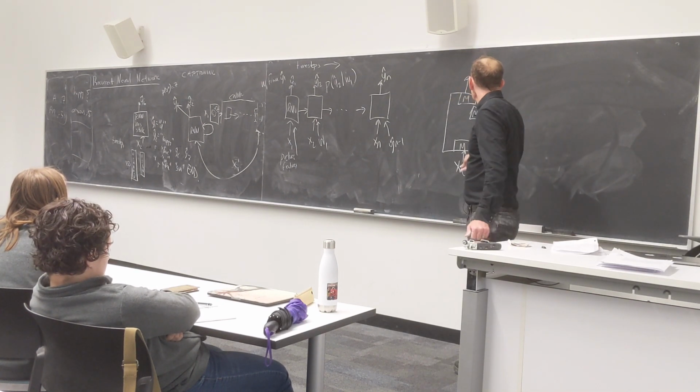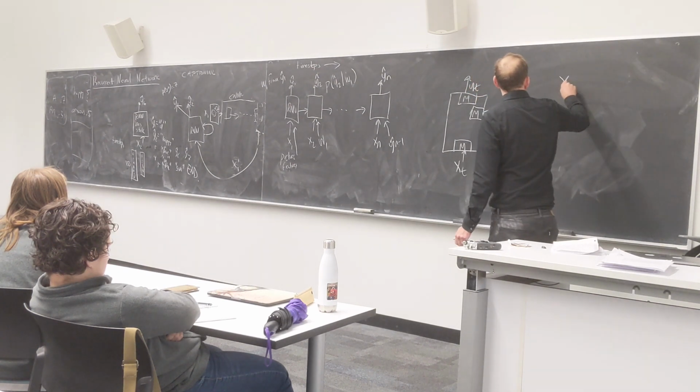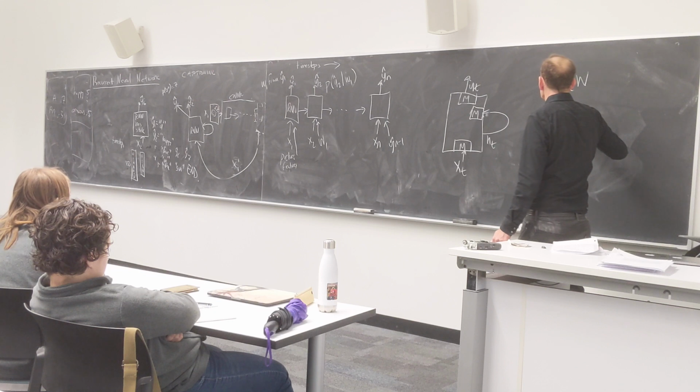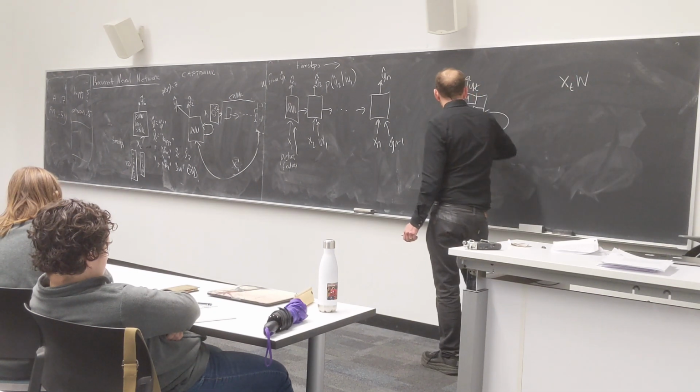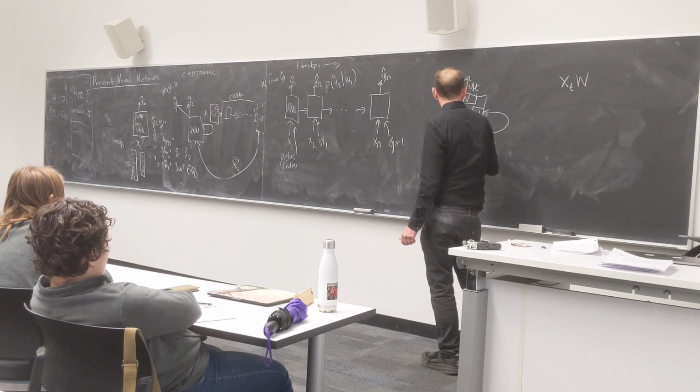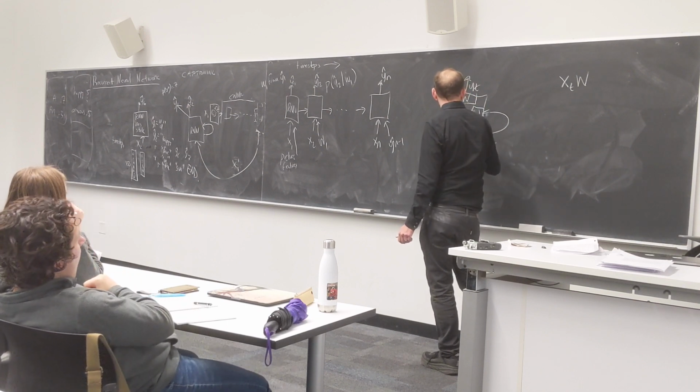So we're going to take x t and have a weight matrix. I'll call it W instead of M. And these are distinct weight matrices. So I'm going to call this one XH.